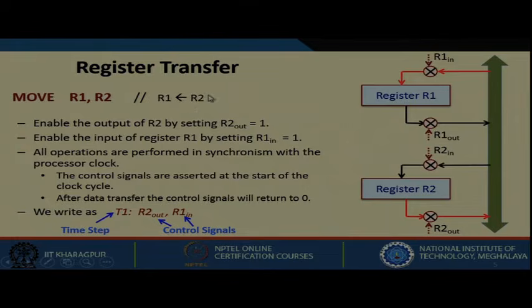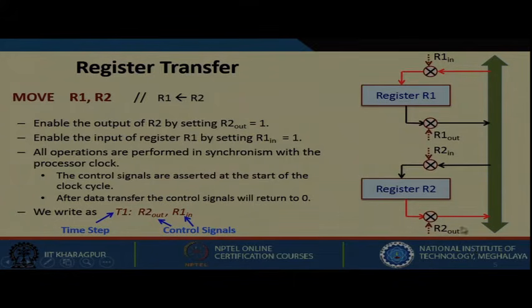Firstly, the content of R2 must be available on the bus. If I want the data of R2 to be available on the bus, which signal is required? R2 out. So, R2 out is required to be 1. How do we do it? Enable the output of R2 by setting R2 out equal to 1.